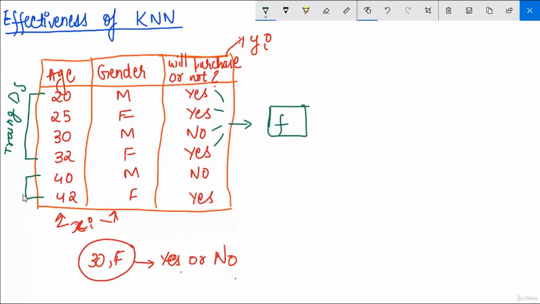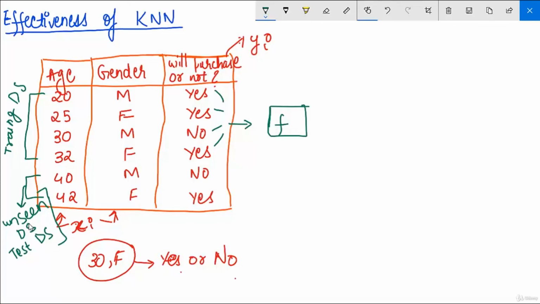And since I'm not even touching these values, I'll call them the unseen data set or test data set. So these two values I'm calling the unseen data set or test data set.